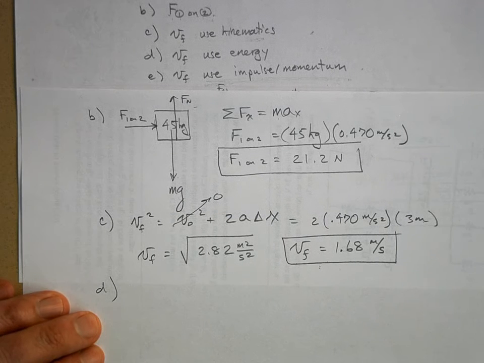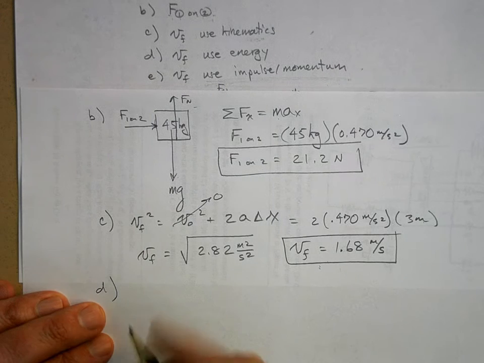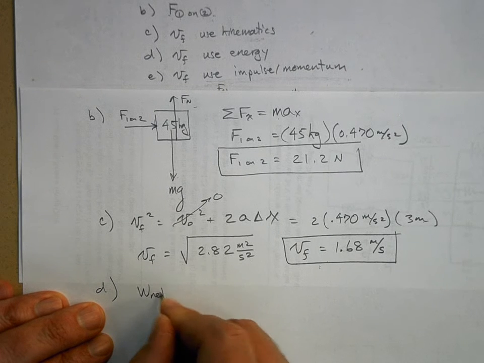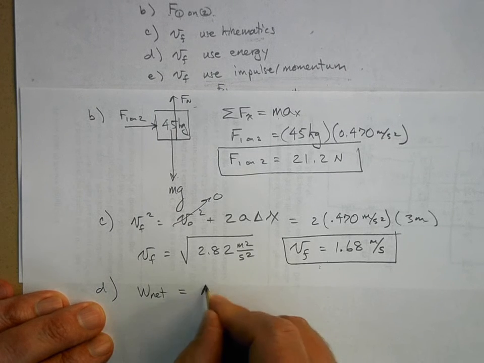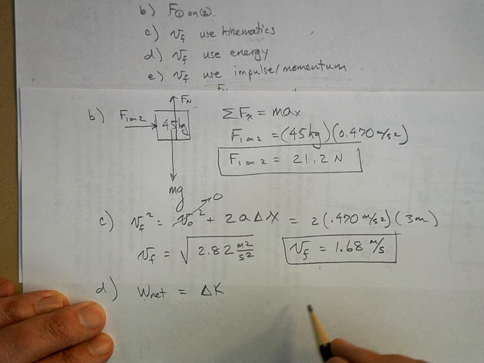I'm going to use the work-energy theorem. The work done by the net force is equal to the change in kinetic energy. You remember that? The work-energy theorem. The work done by the net force is equal to the change in kinetic energy. Well, what is the work?